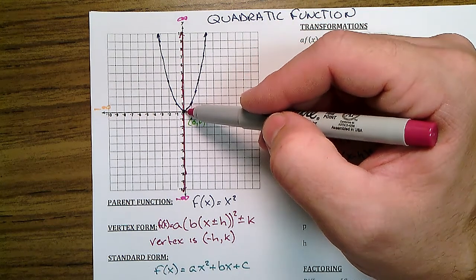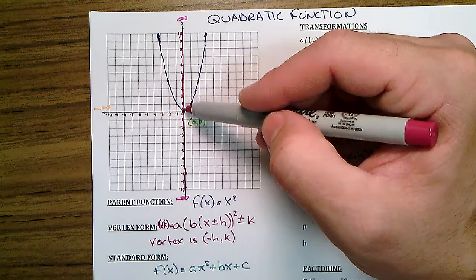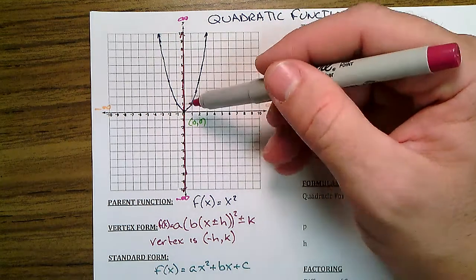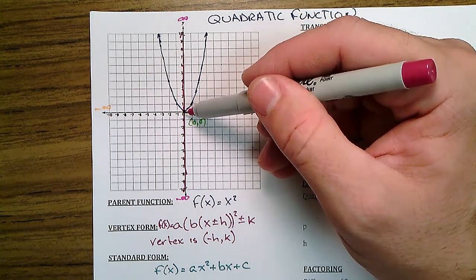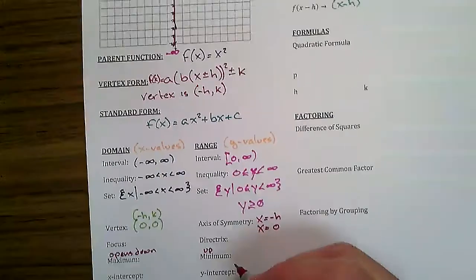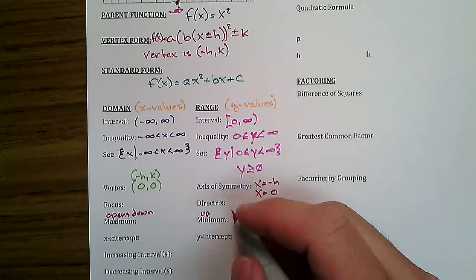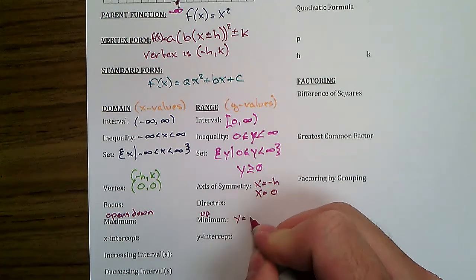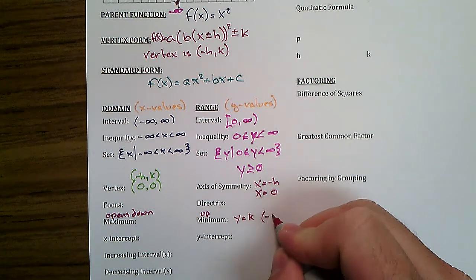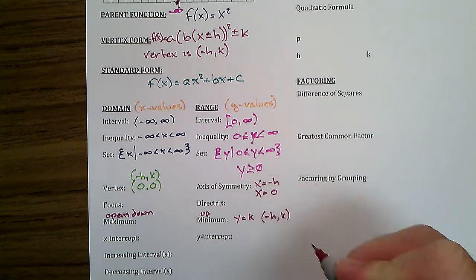And it's almost always going to be the vertex unless there's some sort of restriction that chops our function down. So in this case, it's going to be y equals k. So our minimum is at y equals k, or you could use the vertex, (h, k).